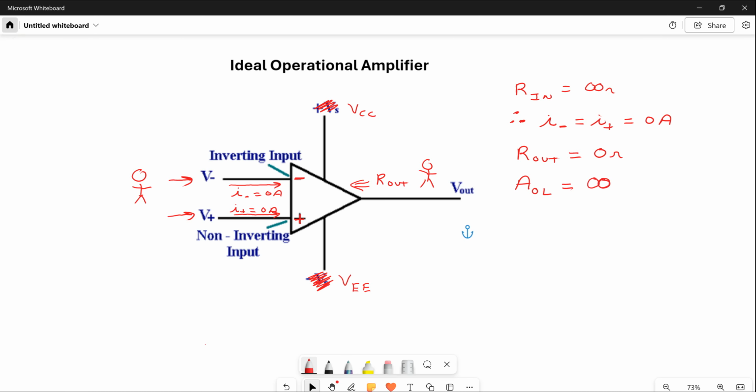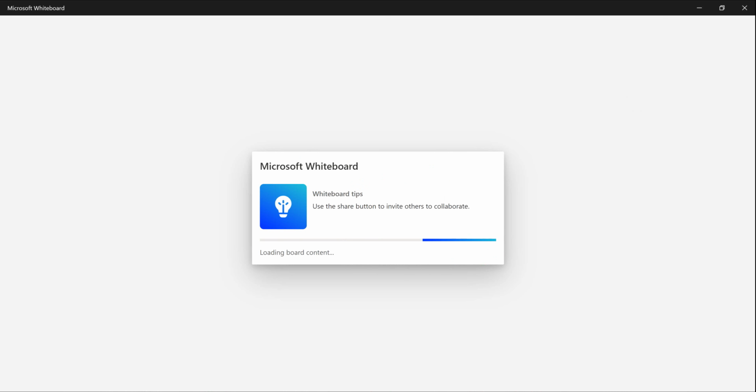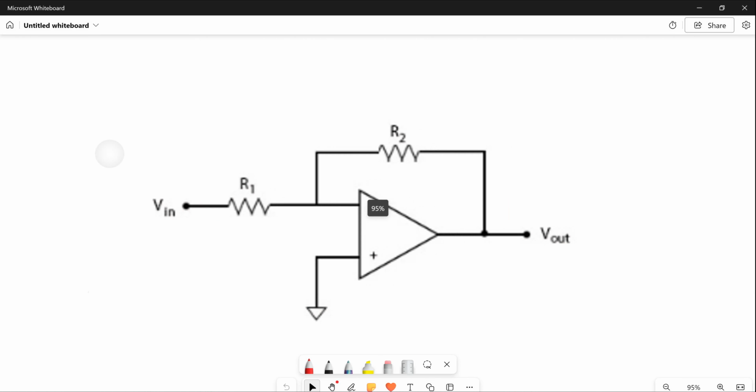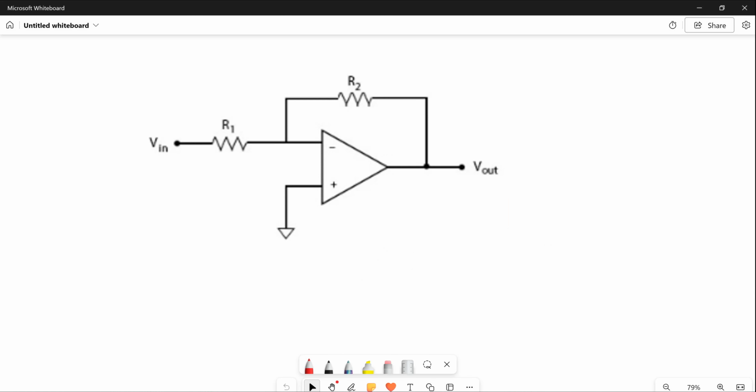So let's take a look at how we can analyze operational amplifiers and make it easy. If you take a look here at our first circuit, I don't want you to recognize these as an inverting operational amplifier or a non-inverting operational amplifier. For now, I just want to point out something.